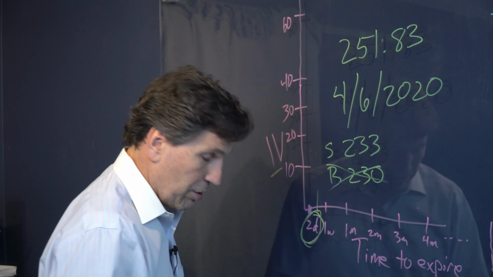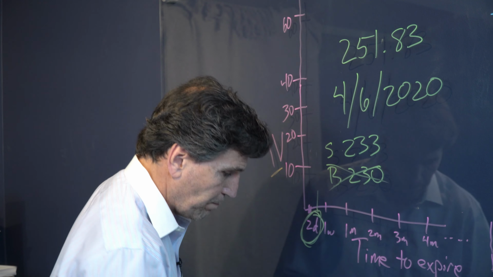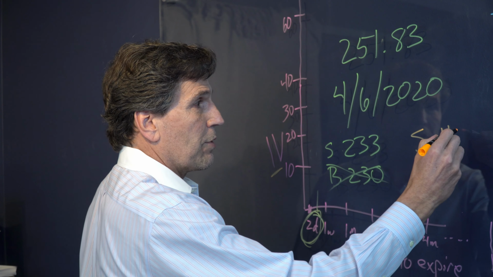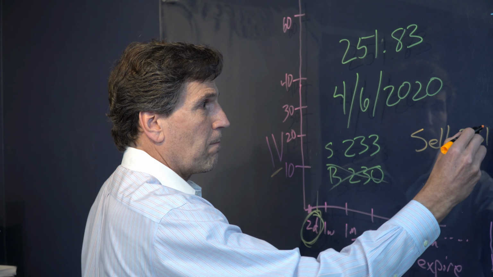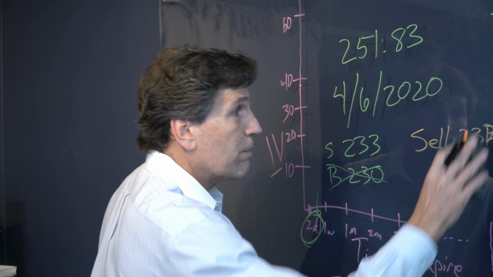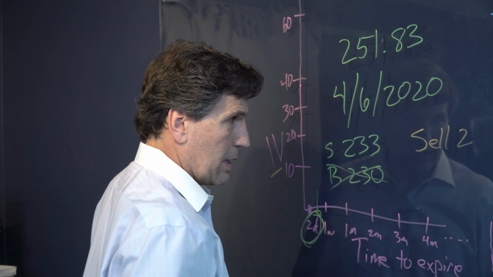So what I'll do is I'll just go one strike price further out, and I will sell the 232 put. Oh, 232 put, let me fix that. Let me write this down.